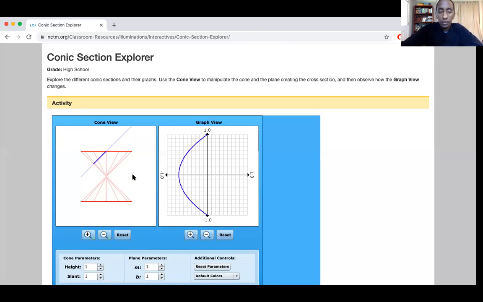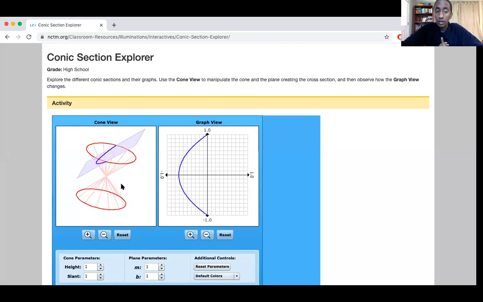So what you have on this left side, can you all see my mouse as well? Yeah. Okay, cool. If you click anywhere and drag around, you can see you have a double napped cone. That's what's in red. And then you also have the plane, which is in blue.